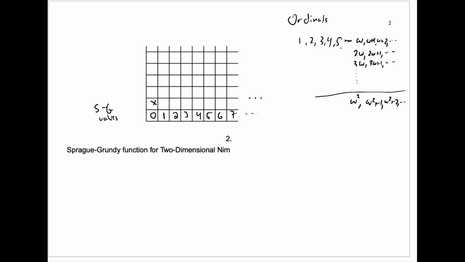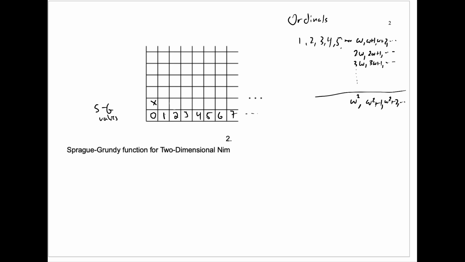But then it has a successor, omega plus 1, omega plus 2, etc. 2 omega is a limit ordinal for these. 3 omega is a limit ordinal for those, etc. Omega squared is a limit ordinal for all of the ordinals that are smaller than omega squared. So what does that tell us about the Sprague-Grundy numbers if we're allowed to use ordinals?